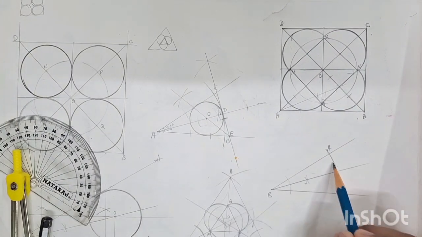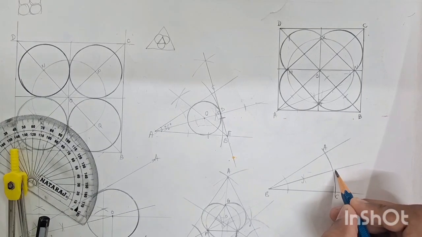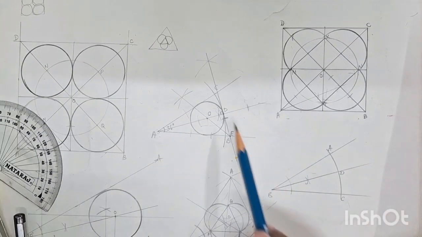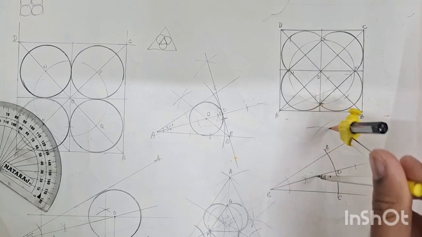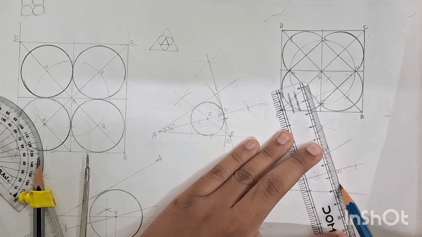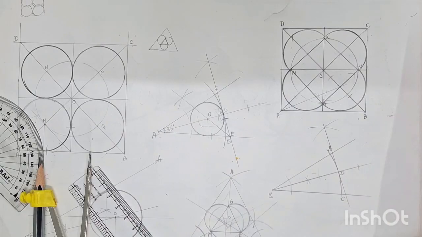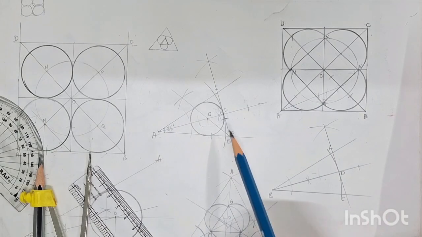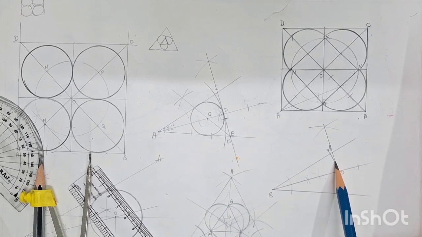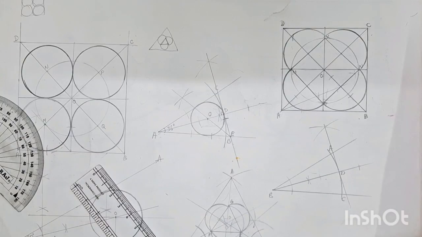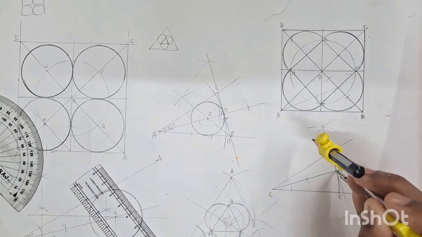The bisector intersects the arc of the sector at point D. Like we did in this construction, I will again have to draw a perpendicular passing through point D, and I will extend the perpendicular to cross the base of the angle. In the previous question, we had bisected this angle, but in this question we will be bisecting this angle ADB. So I will bisect angle ADB.